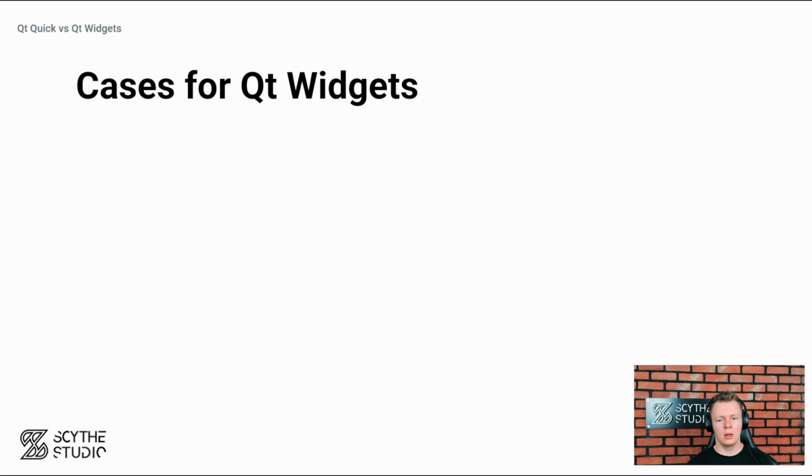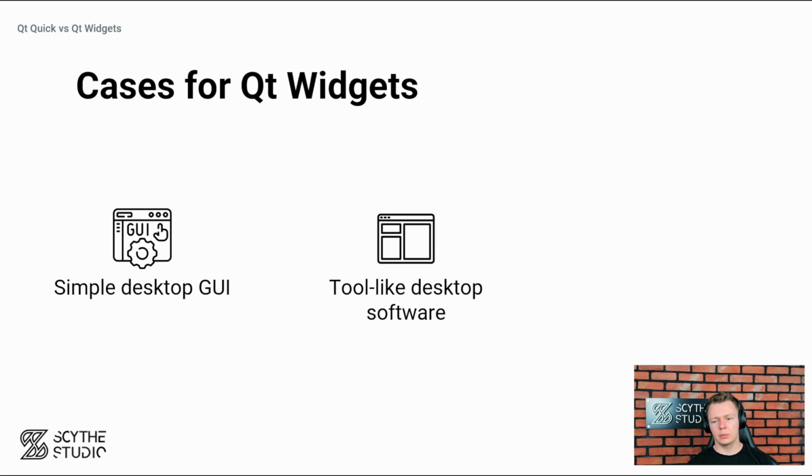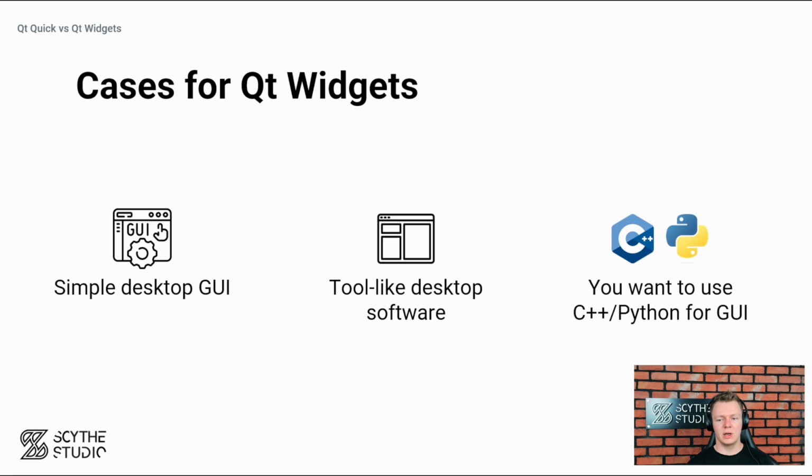Yeah, but anyway. I would go with widgets if the GUI of your app would be simple and your target platforms would be desktops only. If you develop tool-like desktop software, I mean engineering tools, CAD-like software, administration software, graphics software, etc. And I would also go with Qt widgets if you have great C++ or Python skills that you want to use for the GUI part.